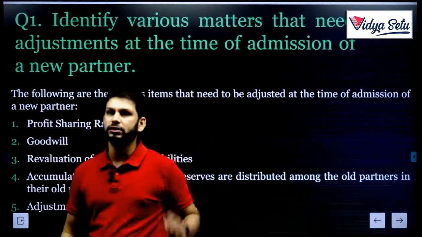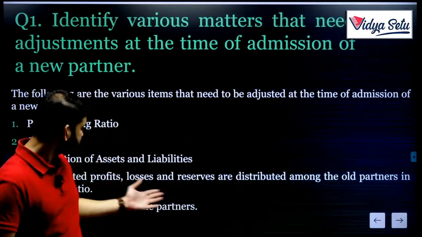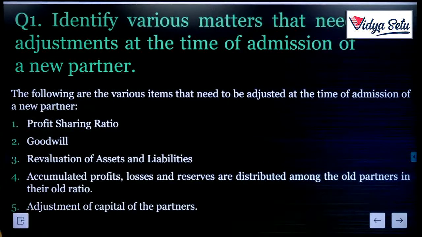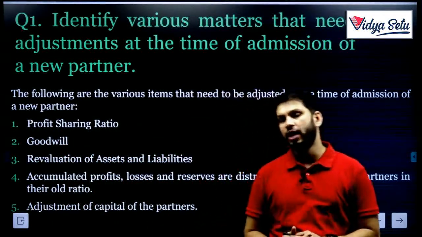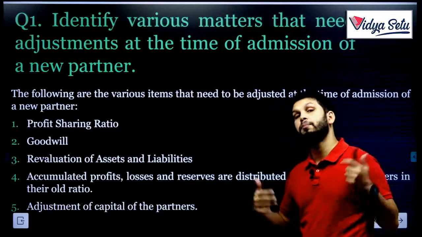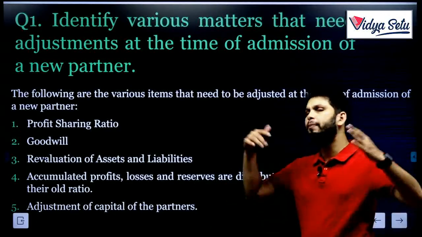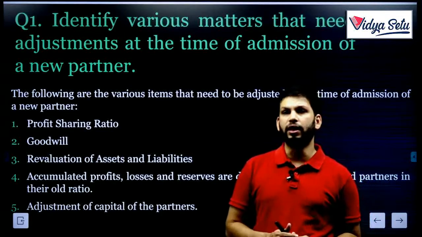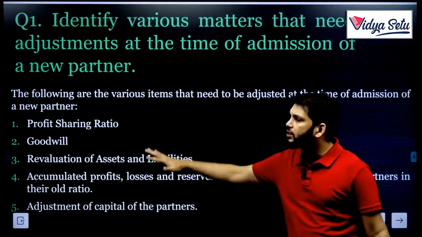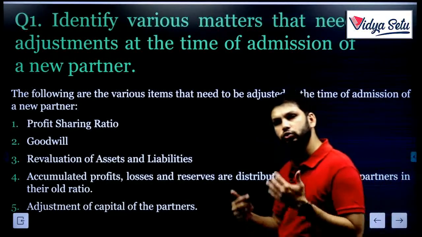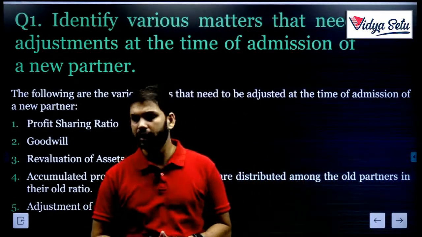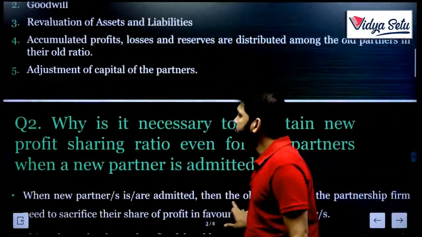The last thing is adjustment of the partners' capital. It might be as per the new profit sharing ratio, or it might just be the balancing figure. These are the things we have to do when admitting a new partner to the partnership. Let's see the next question.